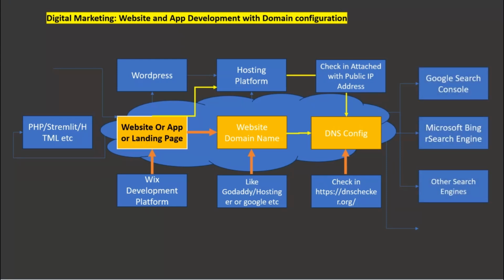Once the website is ready, what do we have to do? We have to register it in Google search, because we have seen how people are using Google search, AI mode, and so on to get information, to get your website listed in those search engines. You have to register in Google search.